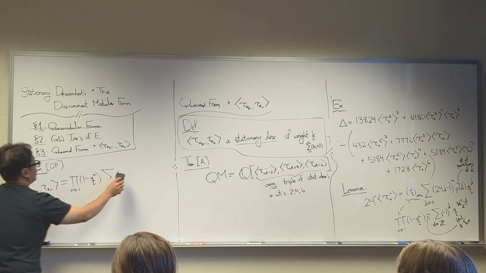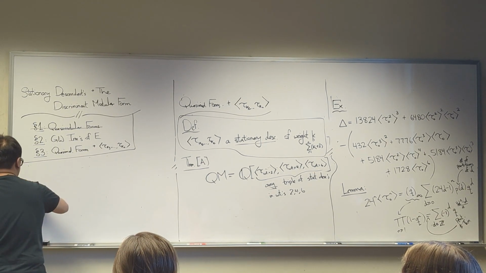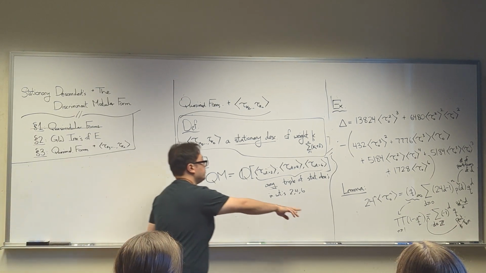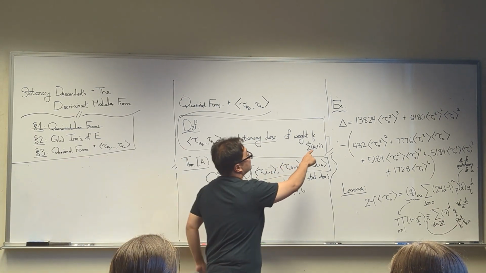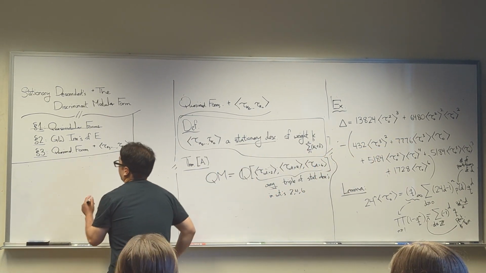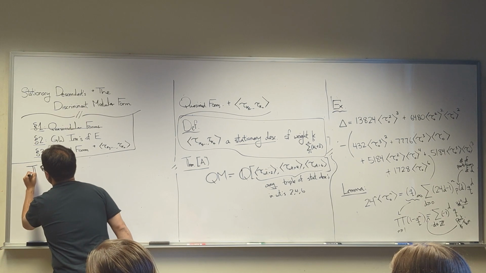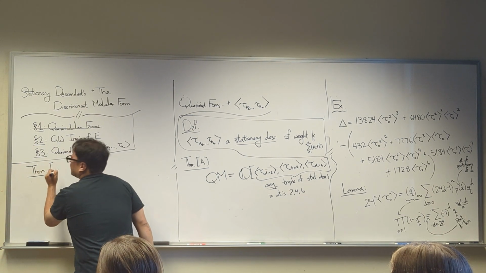Okay, but like I was saying, you get around this powers of q infinity situation by essentially asking yourself, can I write delta just linearly in terms of stationary descendants? And it turns out you can. So I'll end here.